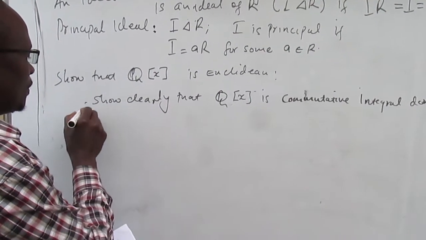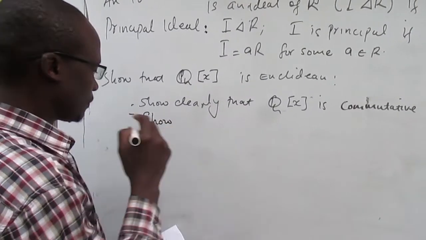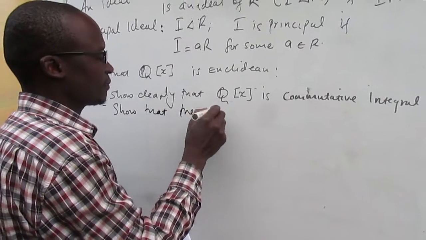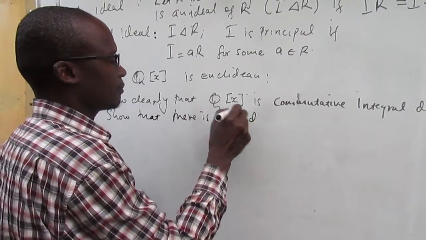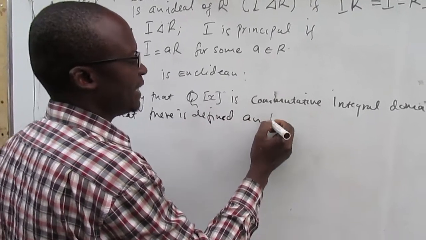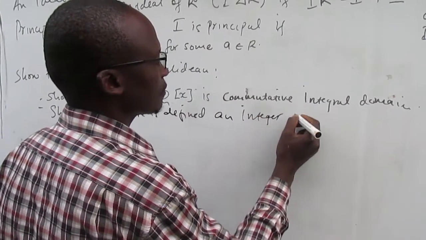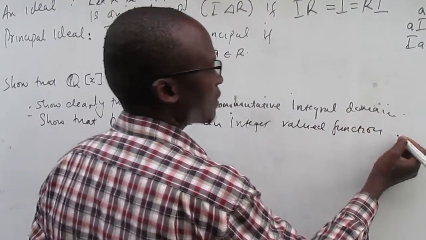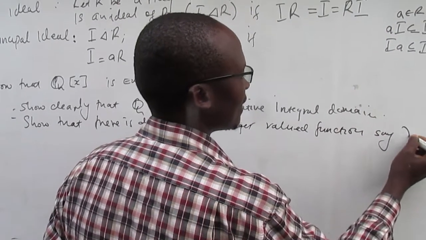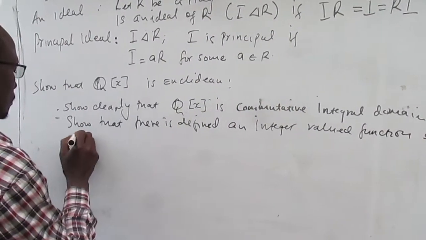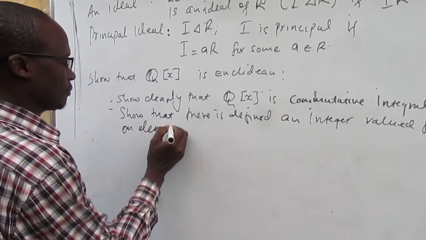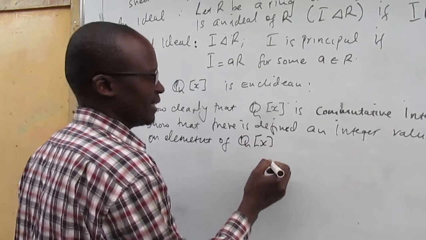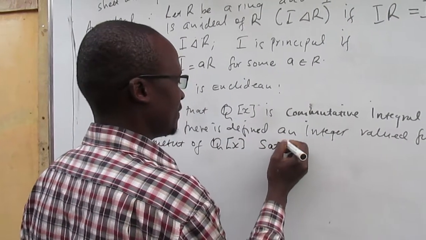Then number two, you also need to show that there is defined an integer valued function, say gamma, on elements of this ring satisfying the following.